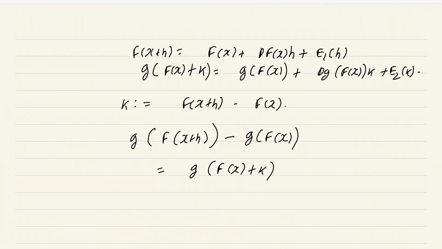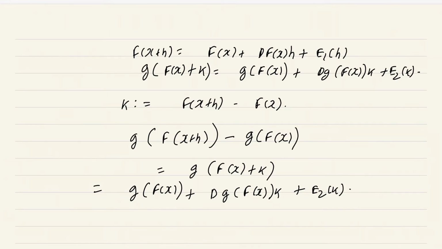f of x plus h is nothing but k plus f of x. So this is nothing but g of f of x plus k minus g of f of x. Let me take it to the other side: this is equal to g of f of x plus dg at the point f of x acting on k plus e2 of k.